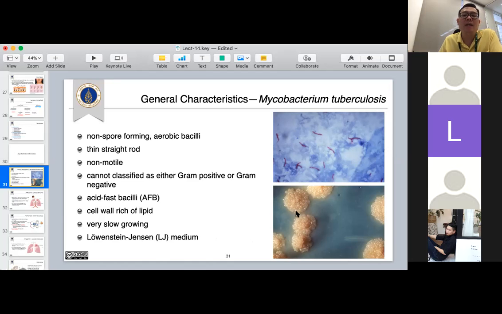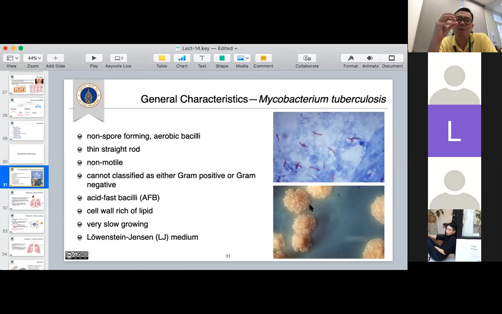The colony of MTB differs from other bacteria. If you have experience working with bacteria in the lab, you use a sterile loop, touch the colony, and the bacteria will stick to the loop. But for bacteria in this group, the colony is very hard and you cannot spread the bacteria easily.